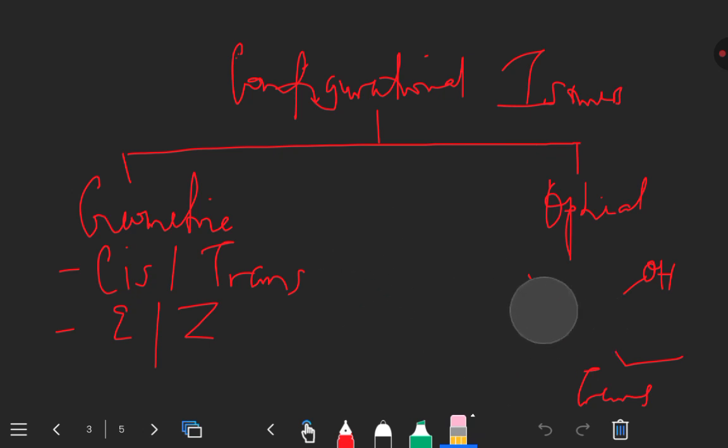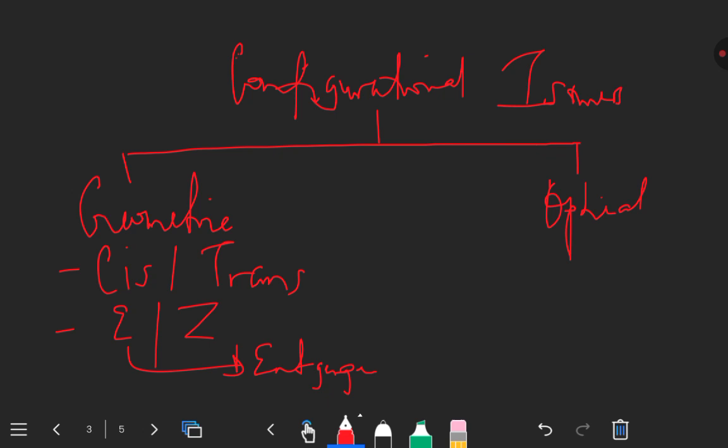But when it comes to E and Z, it is just similar to cis and trans, but the difference here is that for E and Z, this letter E is just a German term. E was gotten from a certain German word, entgegen, which just means opposite.